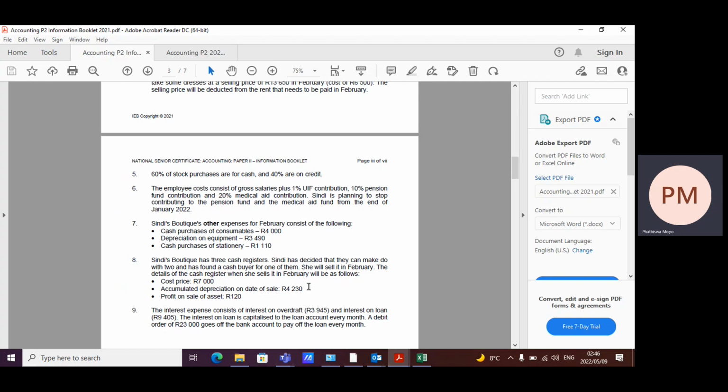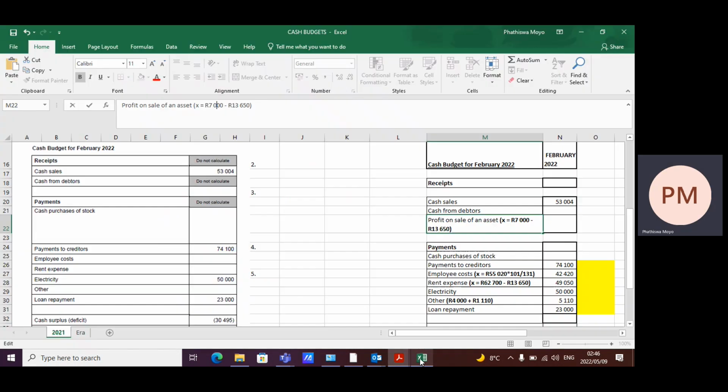Sorry, guys, it's 4,230. So you know, the 7,000 would have been on the debit side in the ledger account. The accumulated depreciation, including the depreciation for the current year, would be on the credit side.